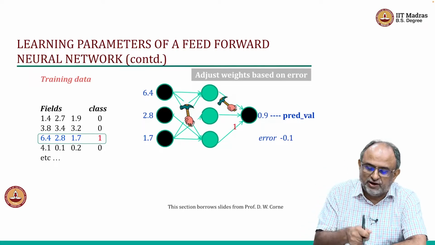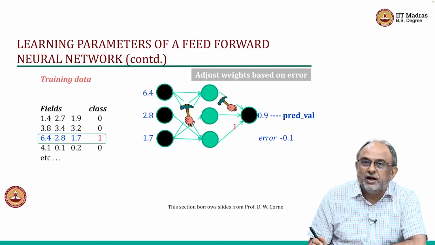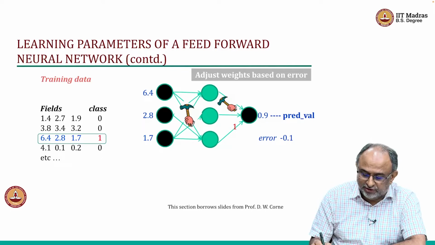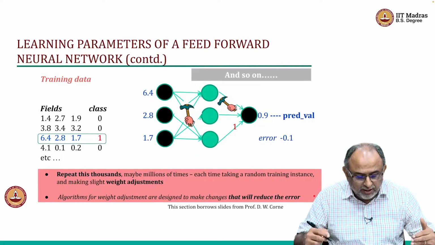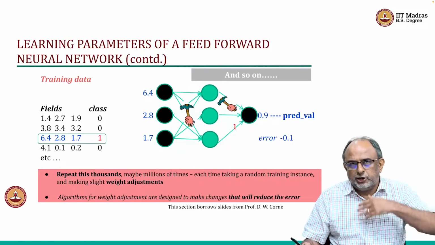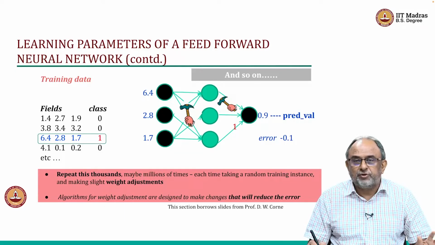I'm going to adjust the values in these different weights to make it more suitable so that the error gets even more reduced. That is all that we are going to do, and each time we keep repeating this, iterating many millions of times, and that's how we reduce the error.